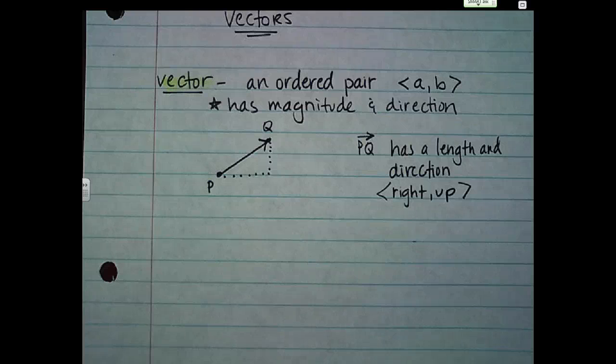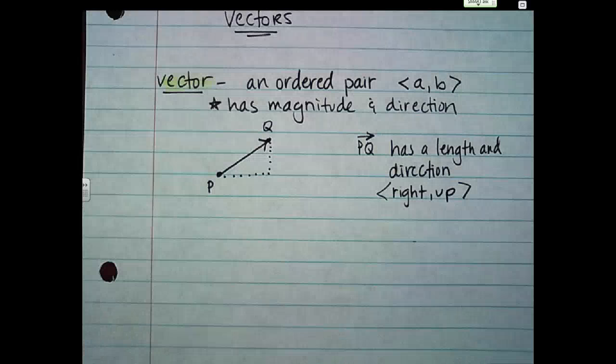Now, in order to name a vector, okay, you have to have 2 points, okay? And so even though it's going to look like a point, it's really not, right? You have to have 2 points to even name it, okay? So let me show you what I'm talking about. It takes 2 points to name a vector.